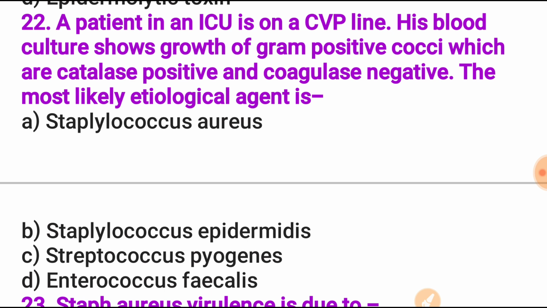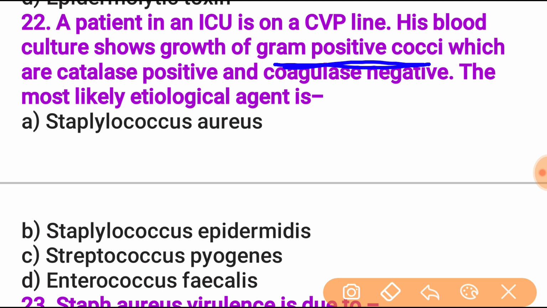Here you have to choose gram positive cocci first. Here the catalase positive and coagulase negative. The catalase positive are Staphylococcus.